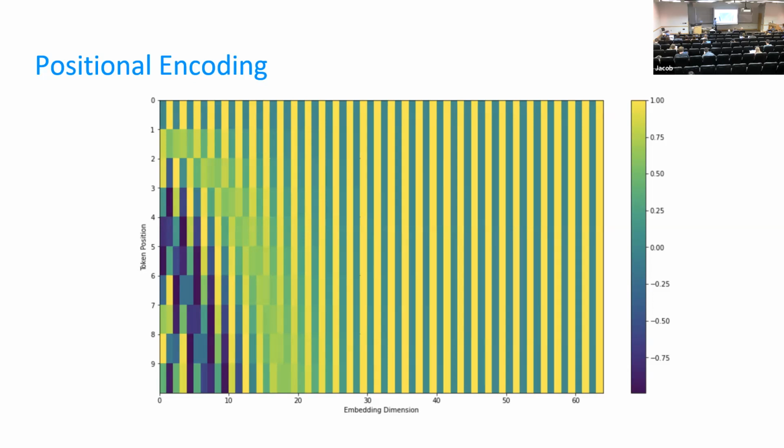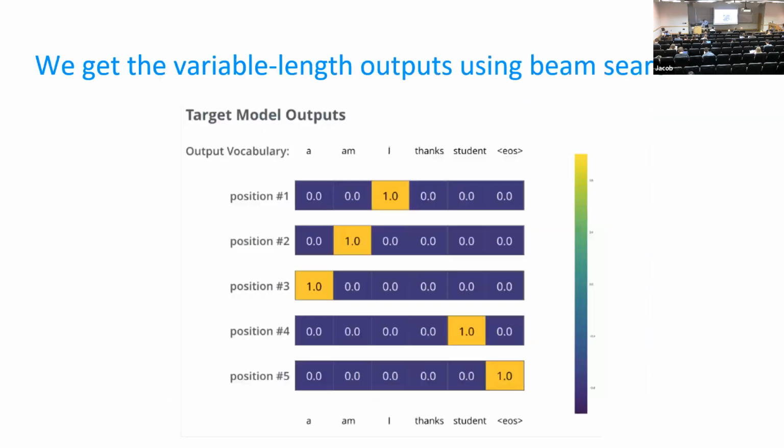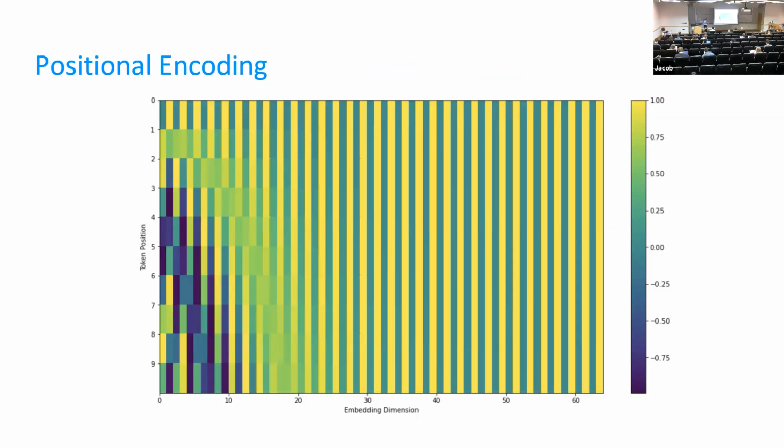And as we go deeper, the oscillations of the sine wave become faster and faster, and that's how we represent position. Not the most intuitive thing. I wish we had the actual function on the slide, but we don't. But it's in the transformer paper.